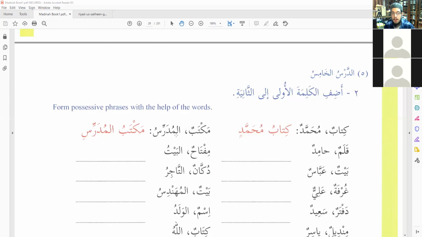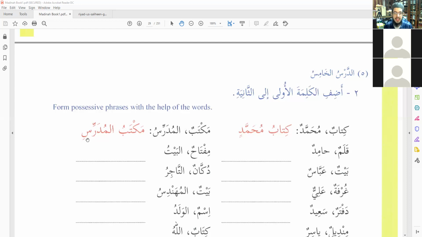If it has alif lam in front of it, it is going to only have one harakah, even though it's in the genitive case. Maktabul mudarrisi instead of maktabul mudarrisin, right? No. It has alif lam, and so our normal rule applies.